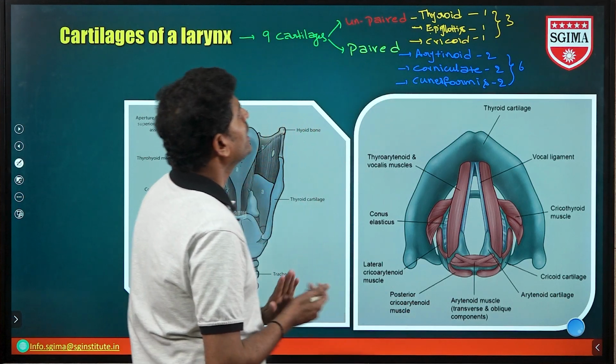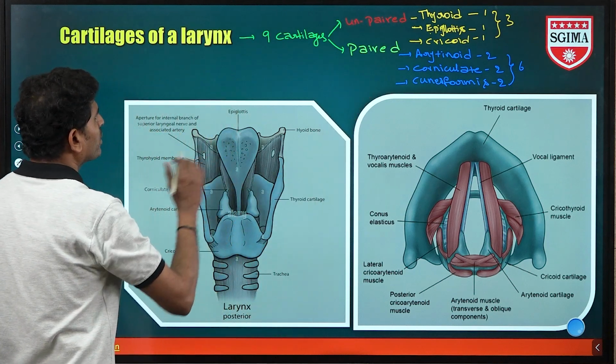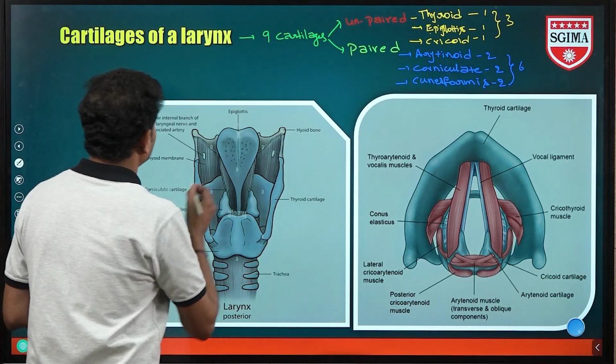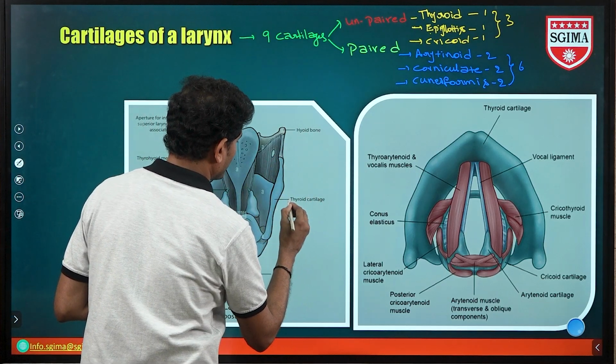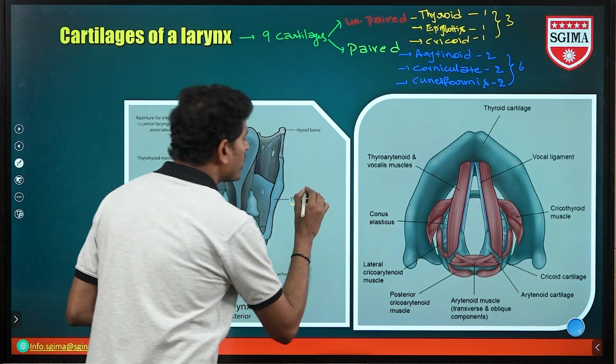Okay, इसमें first one is thyroid cartilage. This thyroid cartilage is the largest cartilage.